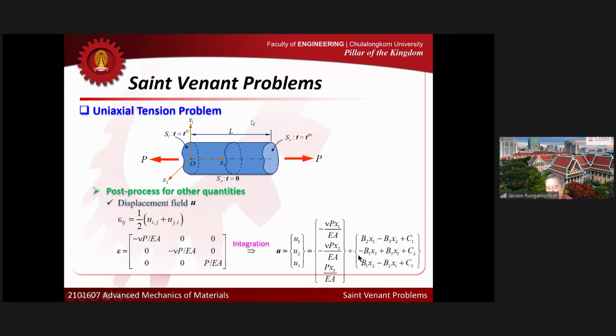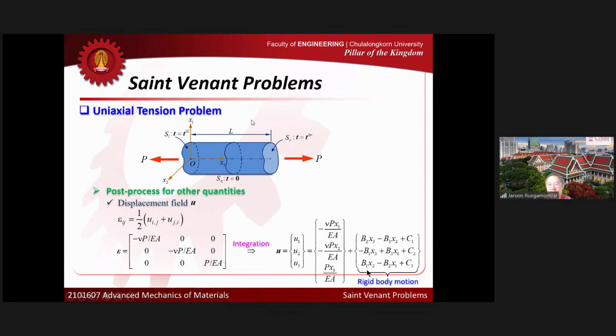So I separate the displacement field into two parts. The first part that is unique is the part that generates the non-zero strain field. That is the unique part of the displacement field, the one that generates non-zero strain.